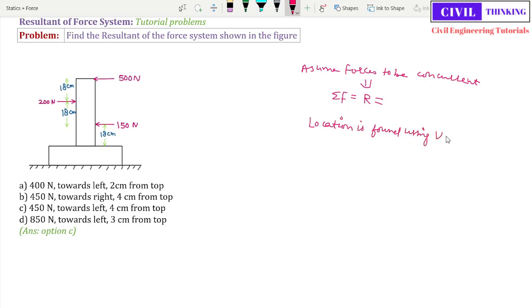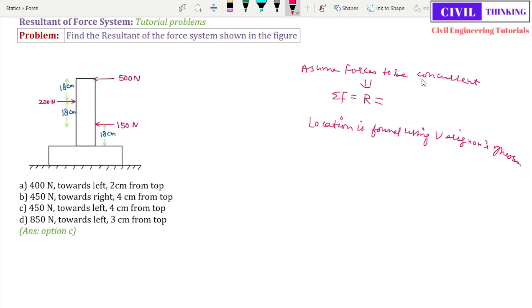Okay, now I have already made a video lecture on Varignon's theorem. If you don't know about Varignon's theorem, please watch the video lecture on it. Now this will give us the location.